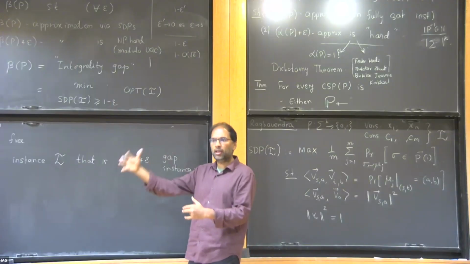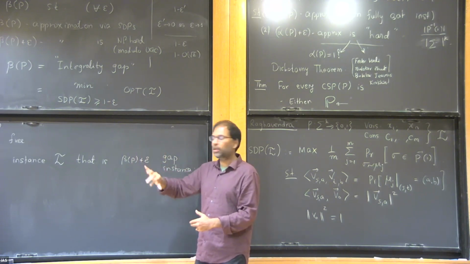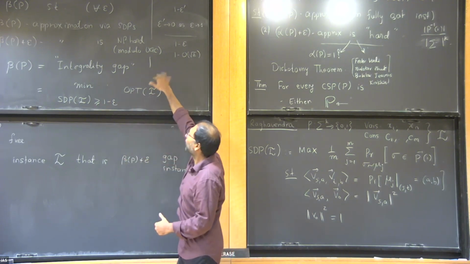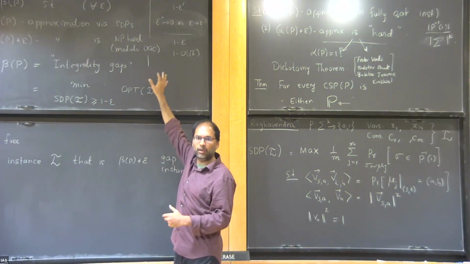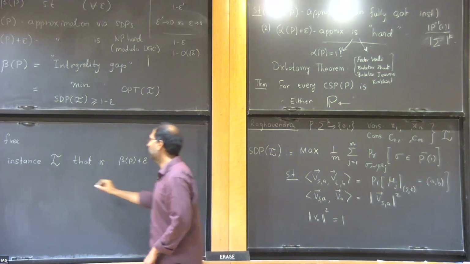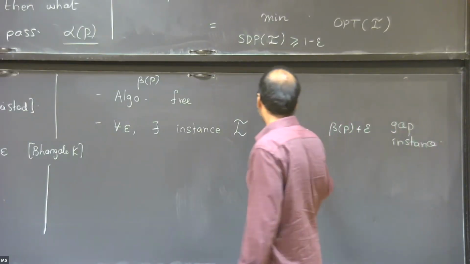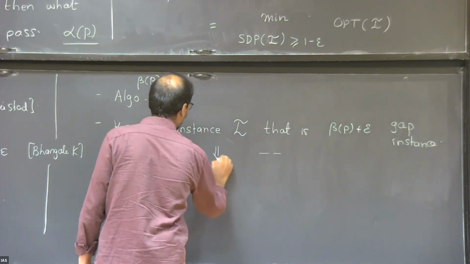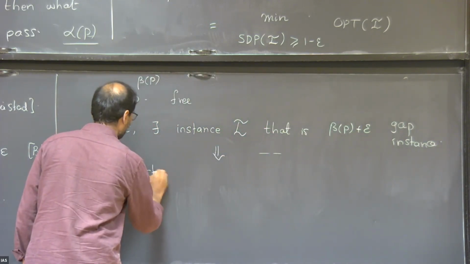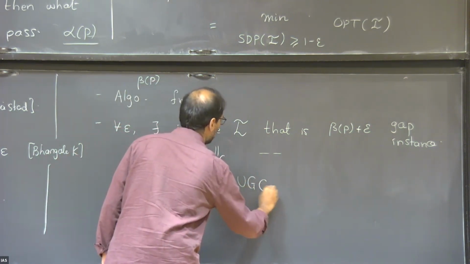And once you build a dictatorship test, there is a standard PCP machinery which allows you to then prove NP hardness results modulo the Unique Games Conjecture. Okay, so that's roughly what he does. That this integrality gap instance implies a dictatorship test, which then implies the Unique Games based hardness.